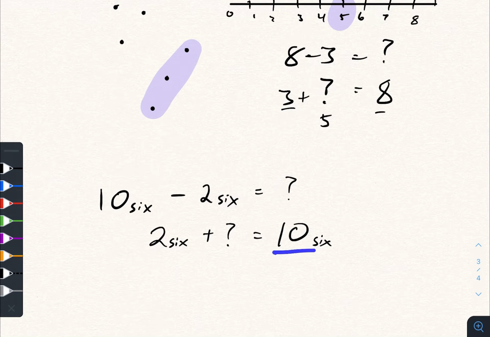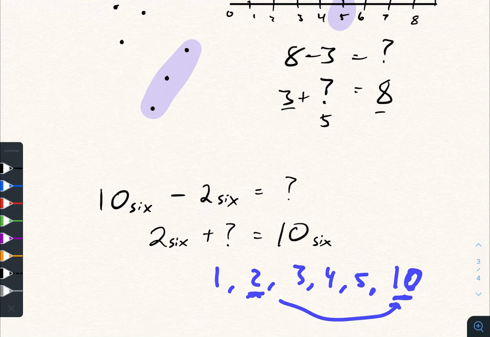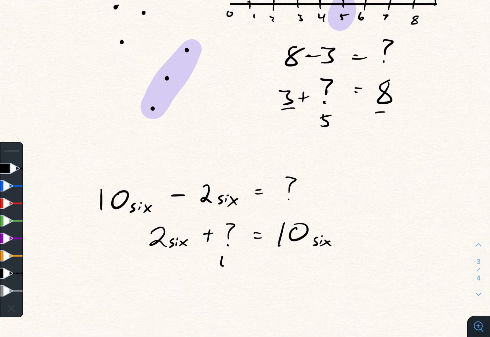If I wanted to count up to 10 base 6, it would go 1, 2, 3, 4, 5, and then once I get to what for us would be 6, we get one group of 6 and then 0 singletons left over. So I would write 10 base 6, right? So 2 plus what would give me 10 base 6? Well, 2 plus 4 would bring me up to 10 base 6. And so the answer would be 4 base 6.